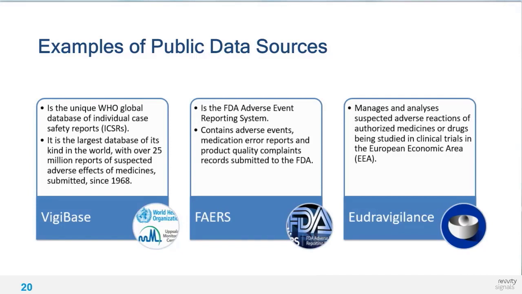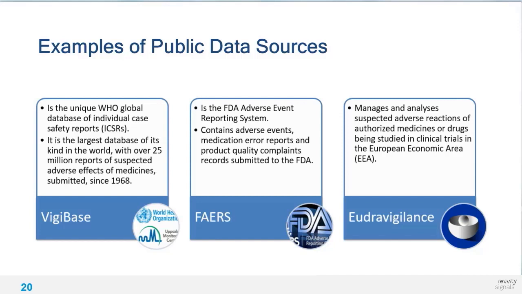And here are some examples of public data sources that are used for pharmacovigilance: VigiBase, FAERS data, and EudraVigilance. VigiBase is the unique WHO global data set, and it is the largest database of its kind in the world, with over 25 million reports collected and submitted since 1968. And FAERS data is the US FDA Adverse Event Reporting System.